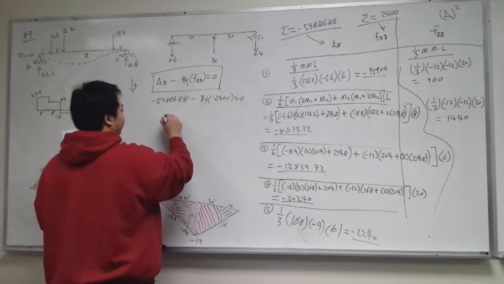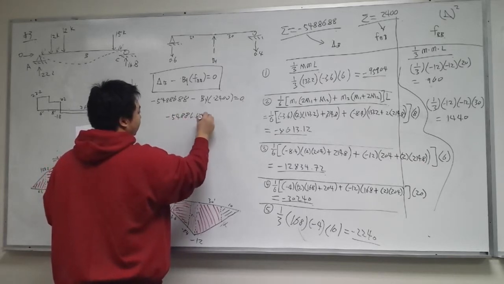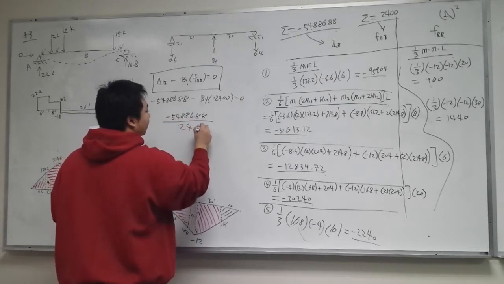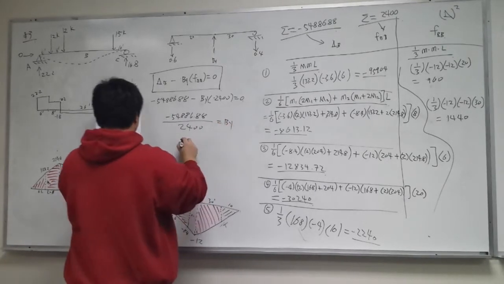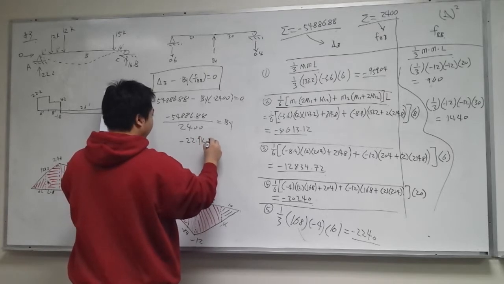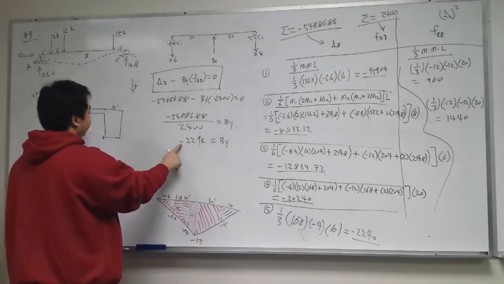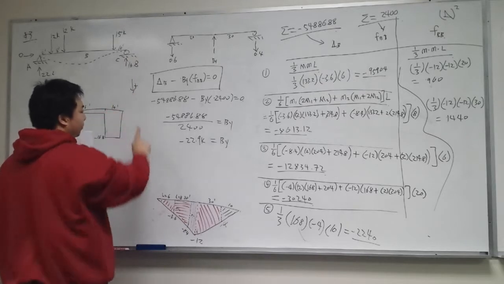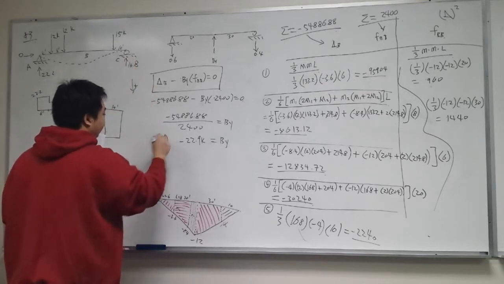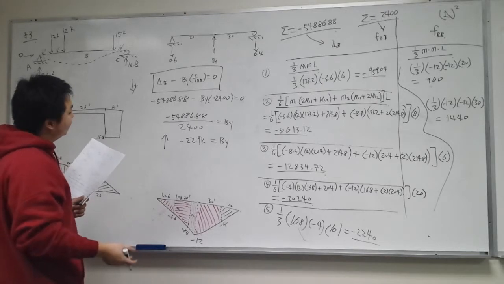Divided by 2400, it's going to be negative 229. But like I said, going down is positive, so going up is negative. So this is going up. Right?